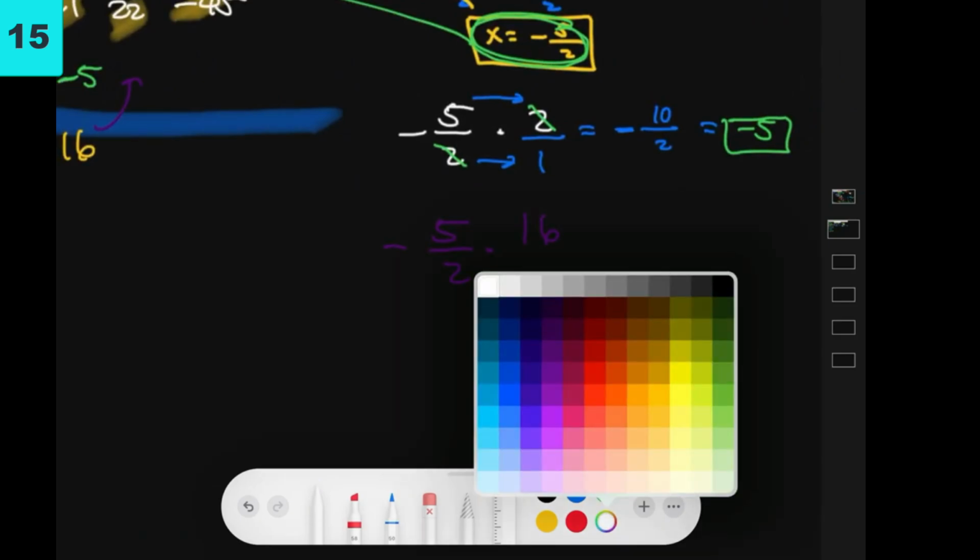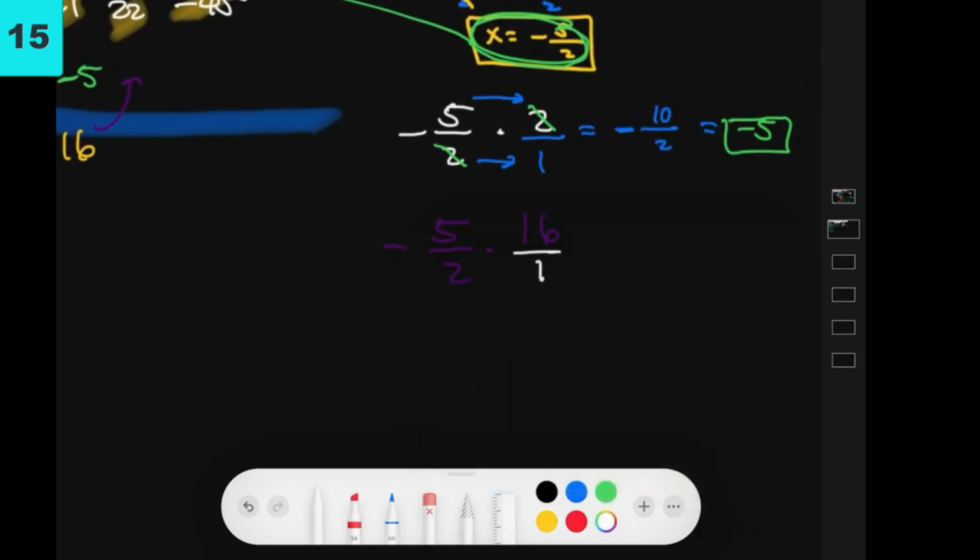I'm going to make this a fraction by putting it over 1. You can make 16 to be the factors of 2 and 8. So essentially this is what I have. And I can just cancel my factors. I can cancel the 2's there, and so I'm basically going to get negative 5 times 8, which is negative 40, or negative 40 over 1, which we don't need to write. So negative 40 is our answer.